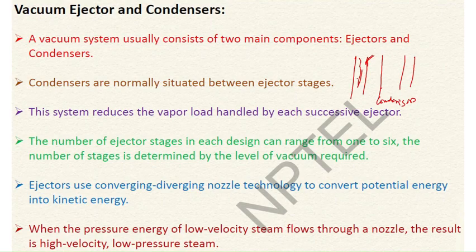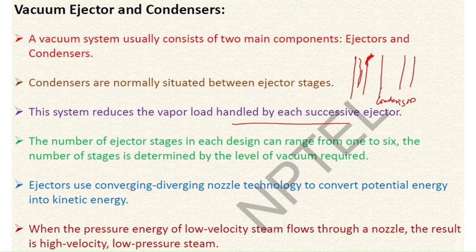Pressure reduces and vacuum is created. In the case of condensers also, if high pressure vapor gets condensed, then vacuum gets created. This system reduces the vapor load handled by each of the successive ejectors.